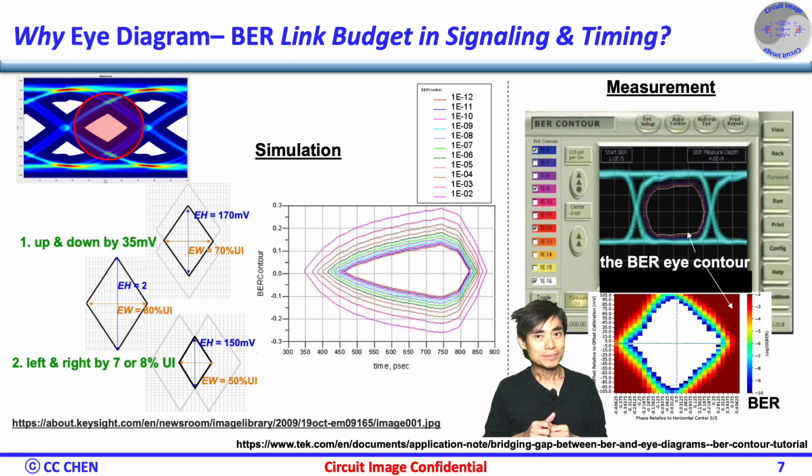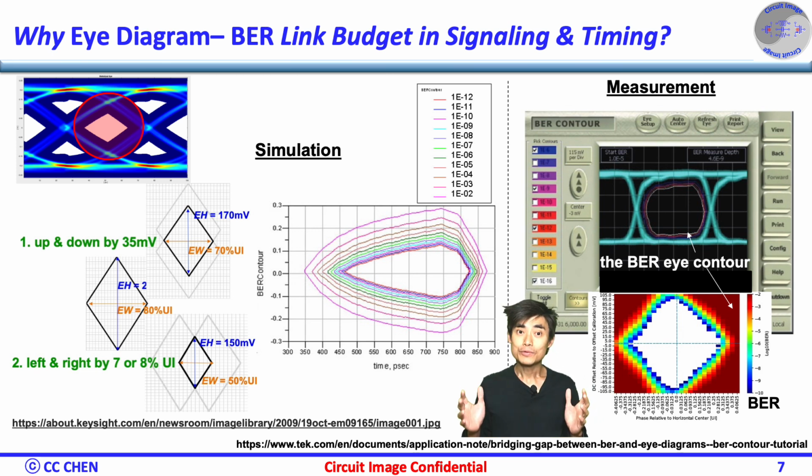Since the eye diagram is two-dimensional, we need a thorough two-dimensional link budget for high-speed studies. Interestingly, the high-speed eye is mostly diamond shape, which would correlate both eye width and eye height tightly due to the slow transition or small slew rate.